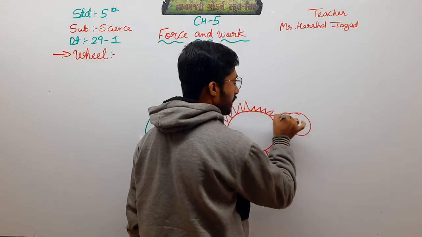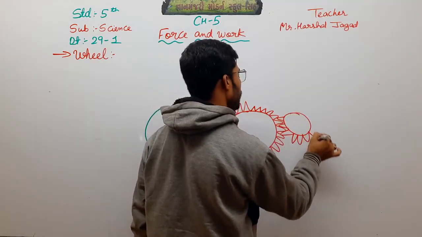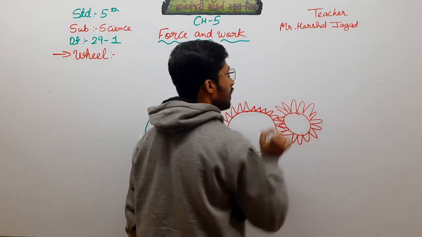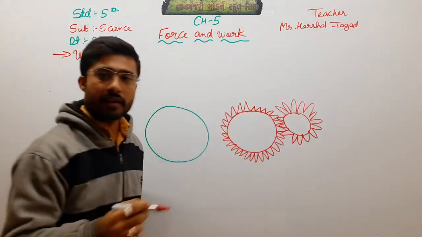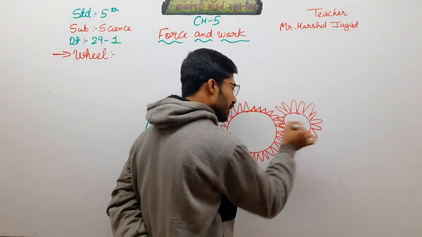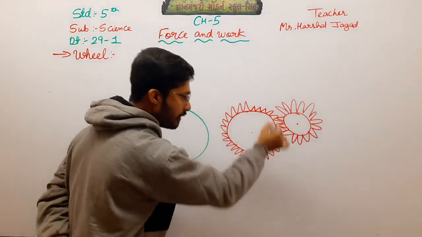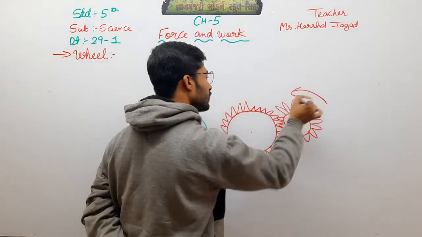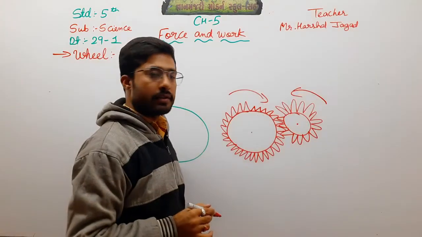Here there will be teeth, here there will be teeth. These teeth are interconnected with each other. If one moves, then the other also moves. If I move this one, then this will also move towards this side.